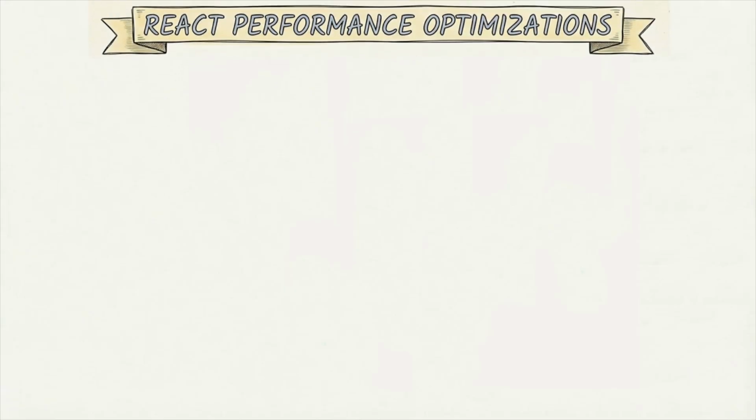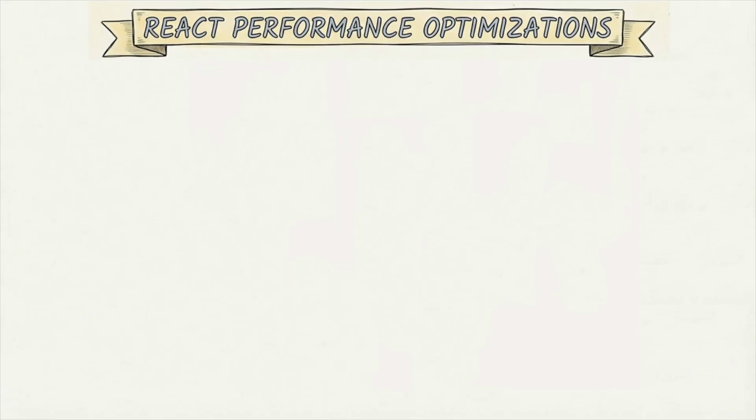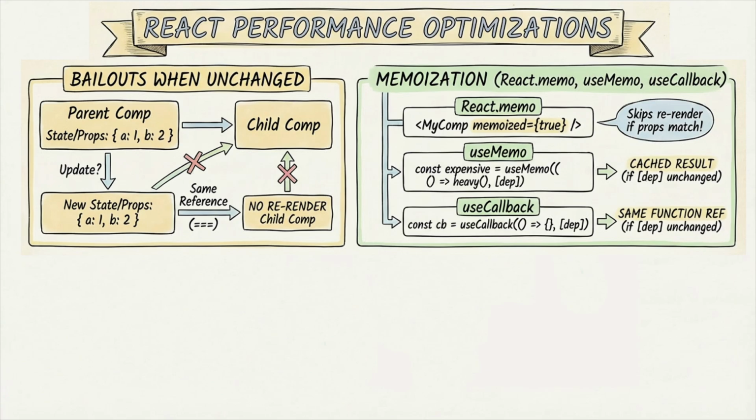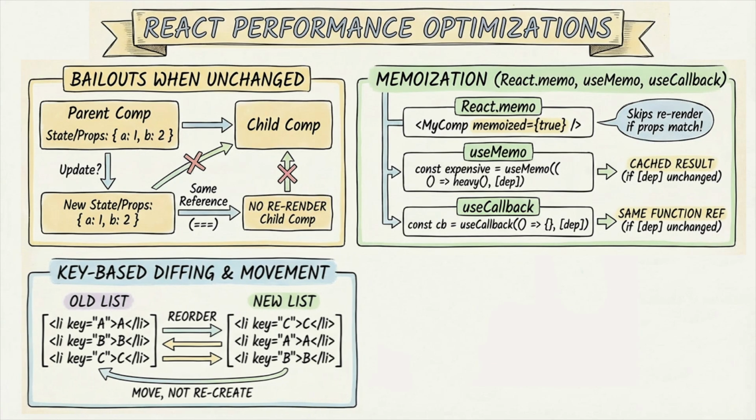React makes smart optimizations along the way. To keep apps fast, React uses several techniques. Bailouts. If props are the same, React skips entire components. Memoization. Using React.memo or useMemo and useCallback helps React reuse previous values. Skipping updates with keys.